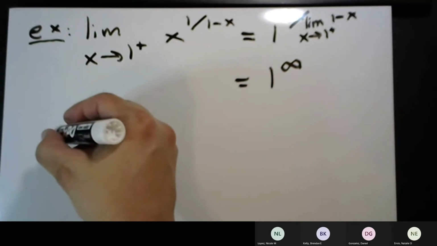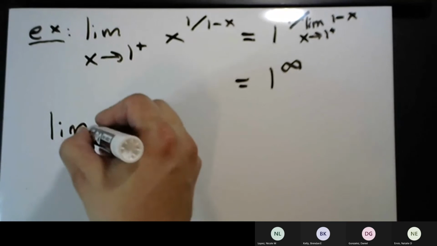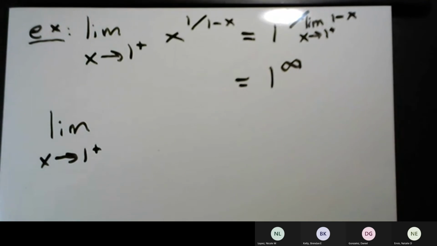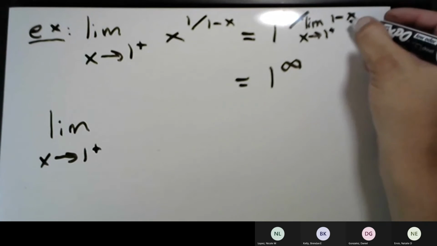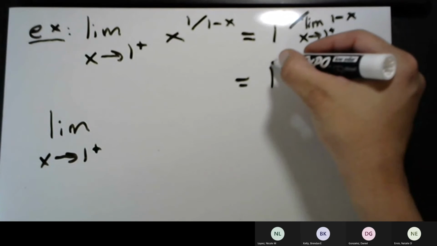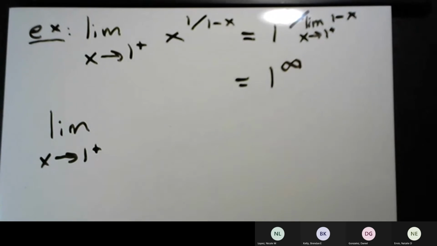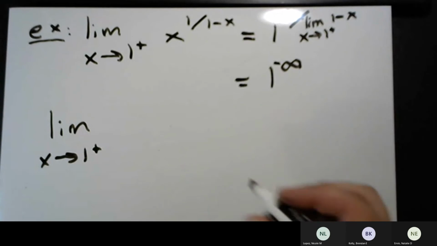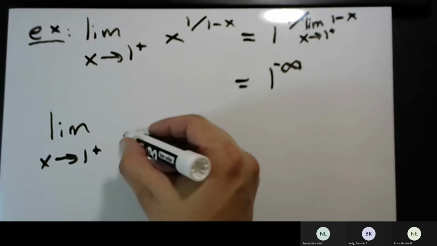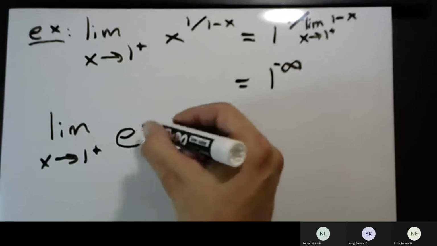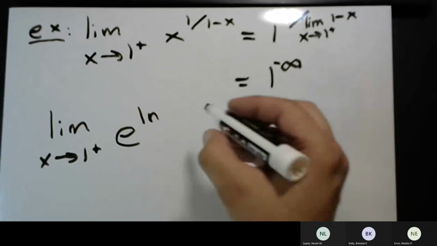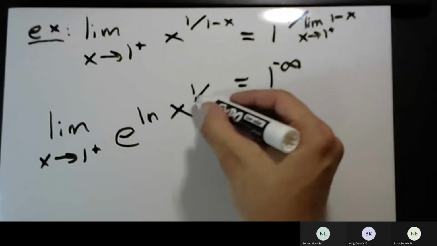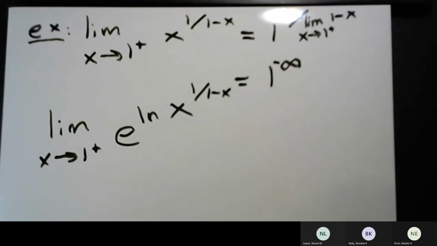So what we're going to do is this. The limit as x approaches 1 plus. And this would technically actually be negative infinity. I think you're going to get a negative infinity there. We'll go e to the natural log of x to the 1 over 1 minus x.